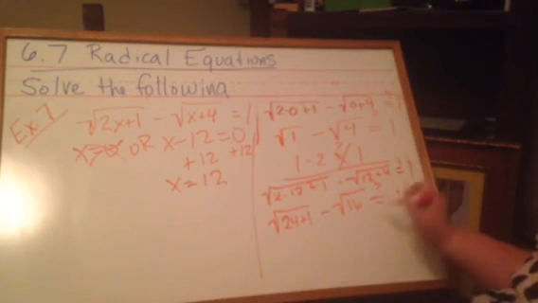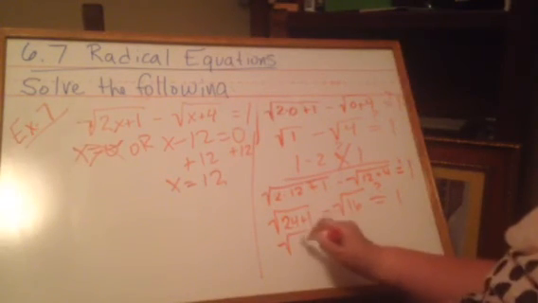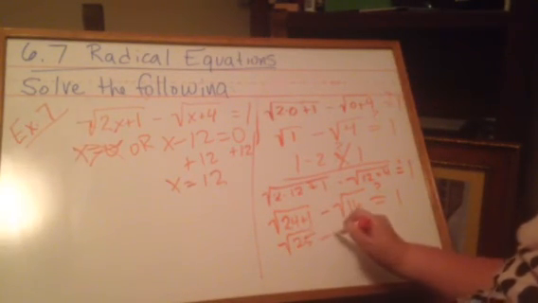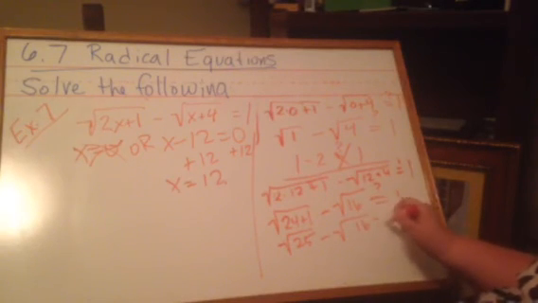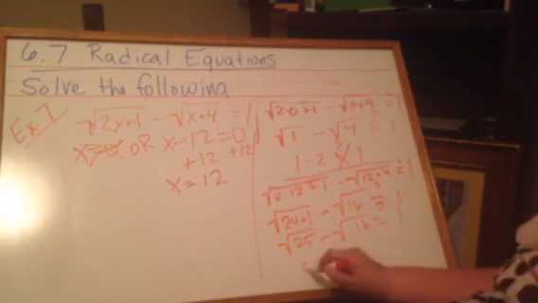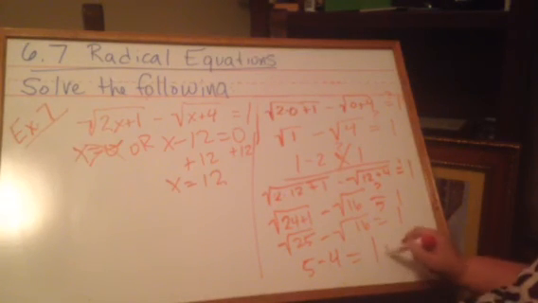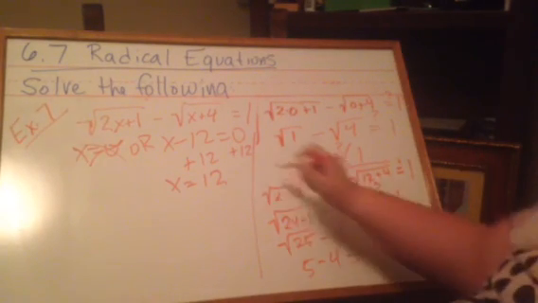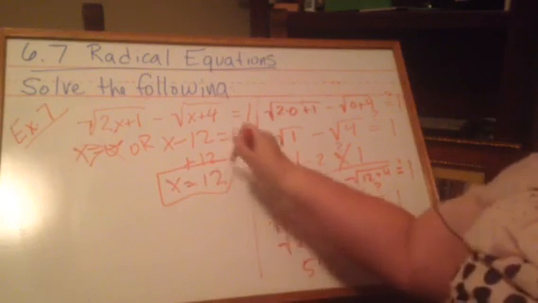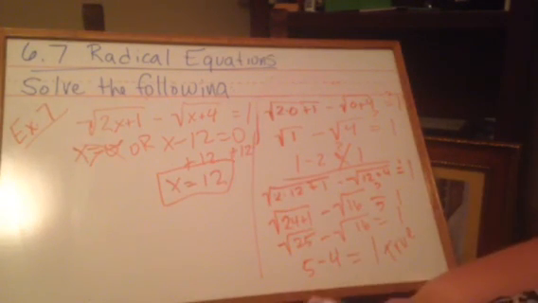Does it equal 1? So that's the square root of 25 minus square root of 16 equals 1. So that's 5 minus 4, and it does equal 1. So our only solution to this equation is x equals 12.